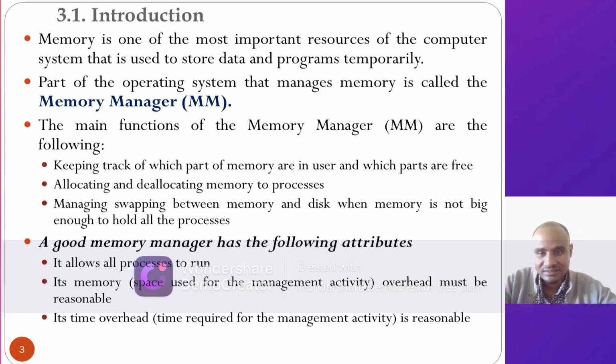Allocating memory means giving memory to a process, and deallocation means releasing memory from a process. This is controlled by the memory manager of the operating system. It also manages swapping between memory and disk when memory is not big enough to hold all the processes.